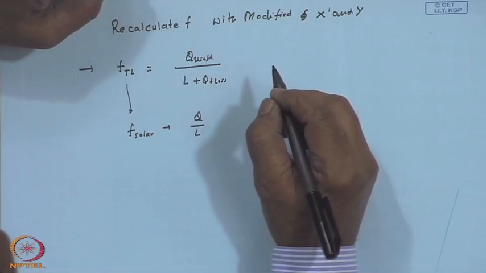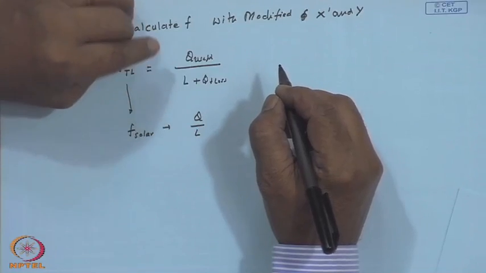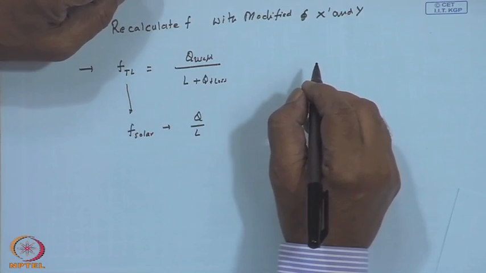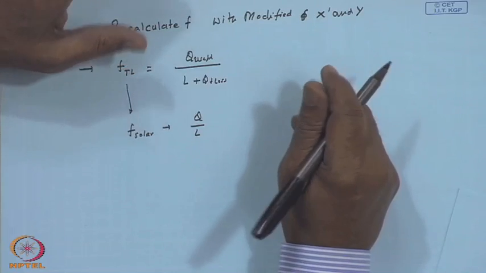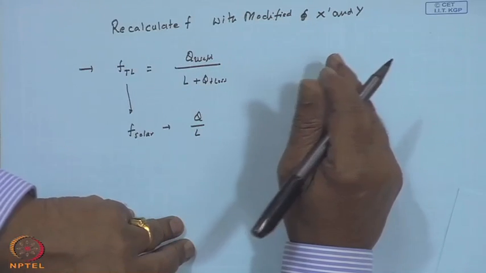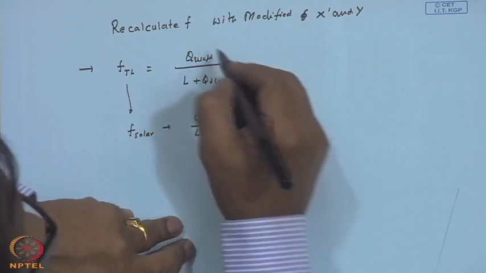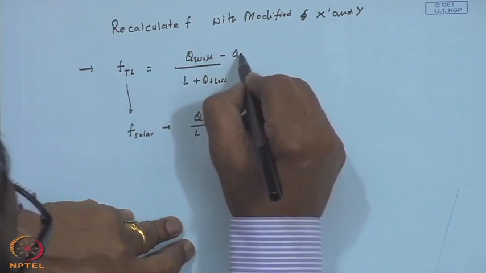The basic philosophy of accounting for the tank losses is consider the tank loss to be an additional load on the system. So, the parameters x dash and y will change. Now, the solar load fraction calculated is inclusive of the tank losses, out of which we pick up the load that is going into the system, minus Q tank loss.